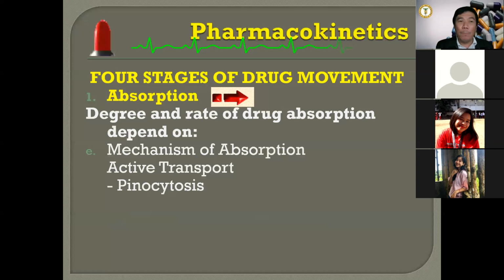In the bone, we have... particularly with the lungs, we have the pleural fluid. Sa brain, we have cerebrospinal fluid. Sa peritoneum, we have peritoneal fluids. So on this matter, the absorption takes place as carried by these fluids. So various compartments, it could be intracellular or extracellular compartments.